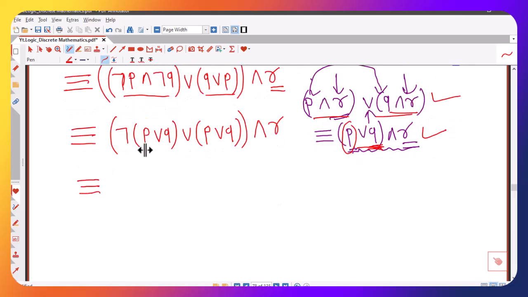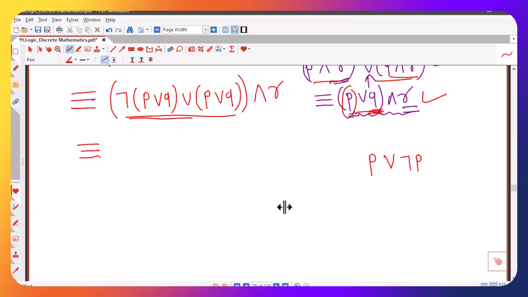Now what is this equivalent to? If you recall, we have seen that if I have P or negation P, then what is it? We can use simply truth table. P has two possibilities, true or false. Negation P is opposite, F and T, and I am joining these two by OR operator.